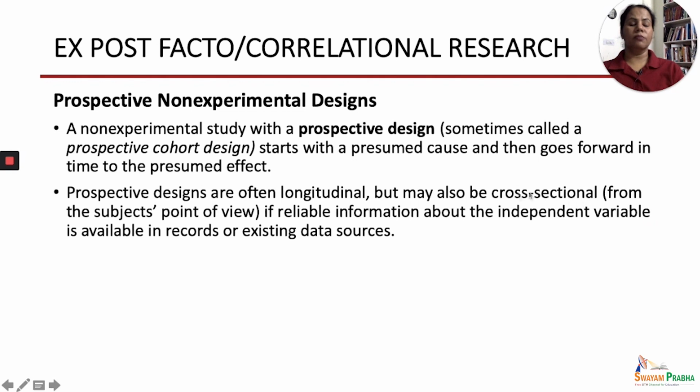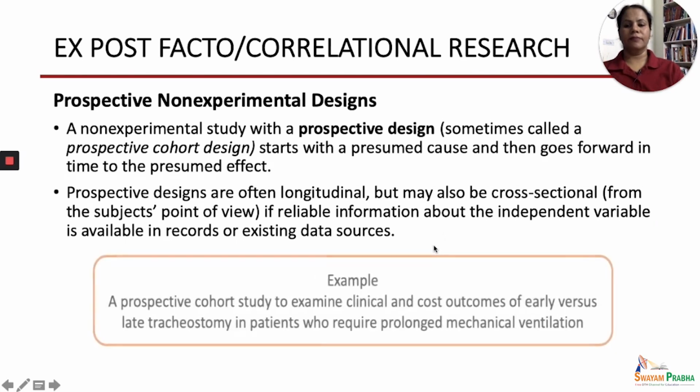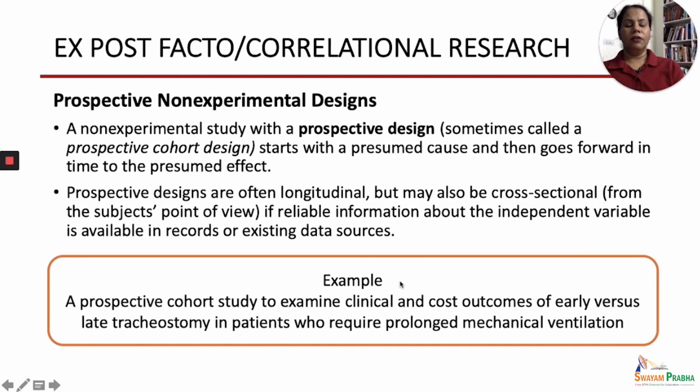Sometimes the researcher may collect the data only once in a point of time. If reliable information about the independent variable is available in records or existing data sources, then we may go for the cross-sectional research designs.